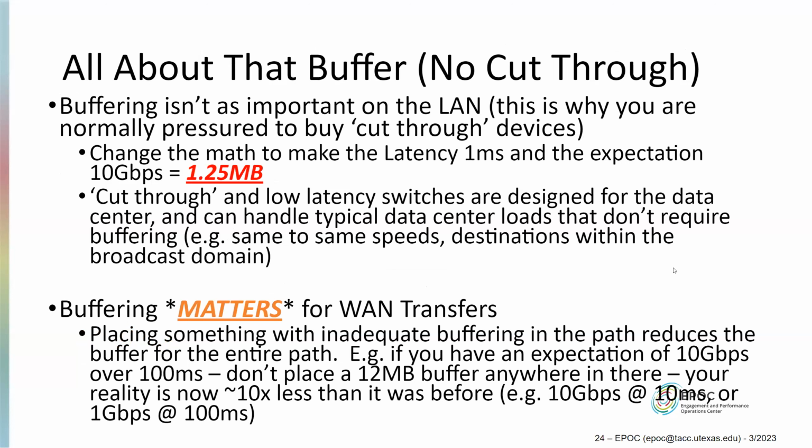So again, just a little bit about buffering. We've talked about this already. Effectively, if you don't have adequate buffer along each spot in the network, your performance will suffer. So if in the middle you only have a switch that has 10 megs of buffer and you've calculated you need 150 megs of buffer for your transfer, the whole network is going to behave like you have a 10 meg buffer.